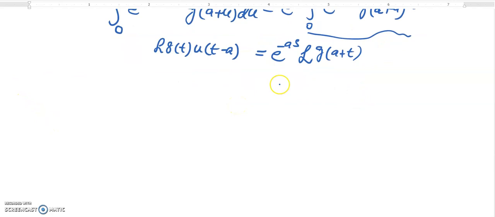We can see this with the help of one example, where we can apply both approaches. Suppose that we want to find the Laplace of cosine of t times u of t minus pi.